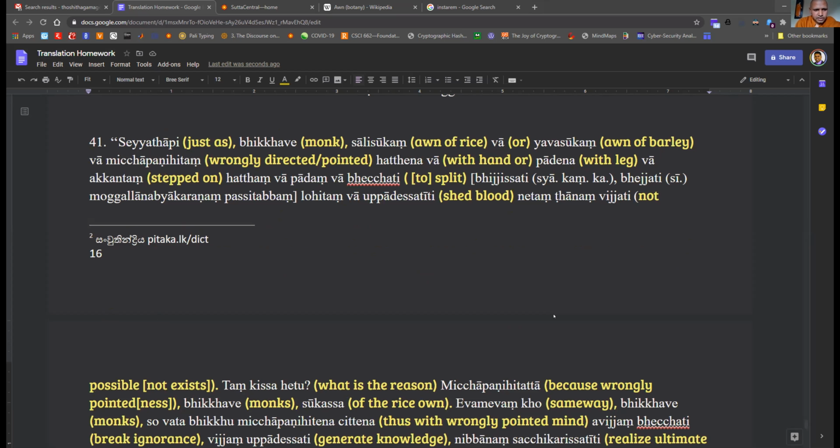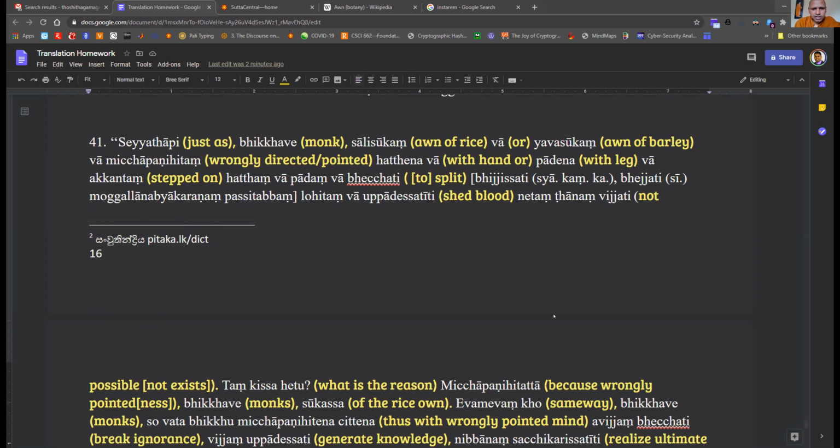And lohitam va uppadessatiti. So it follows the same rhetoric, and it doesn't have a va alternate. Yeah, this is a pattern in Pali. Hattham va padam va bhijjati.